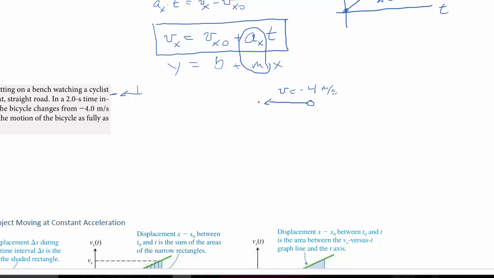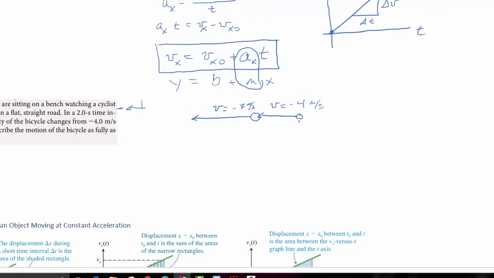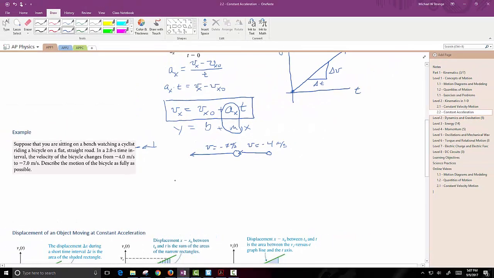So the magnitude has changed, it's increased, and I'd end up with a longer velocity vector. My velocity is now -7 meters per second, and that happened over 2 seconds.